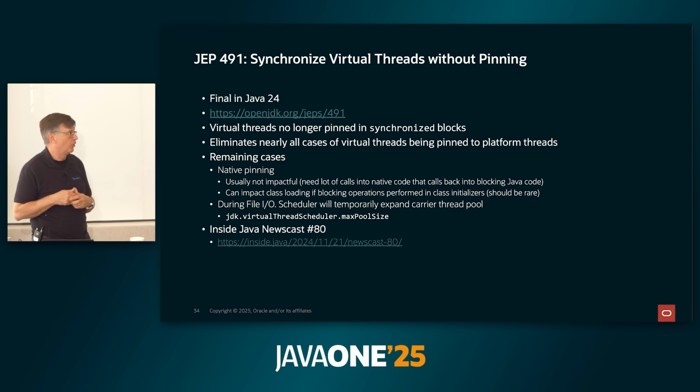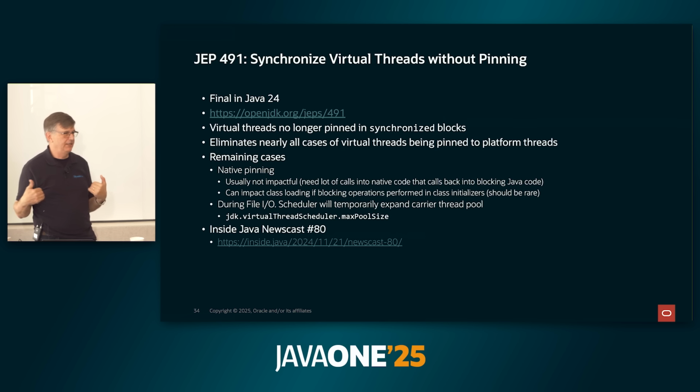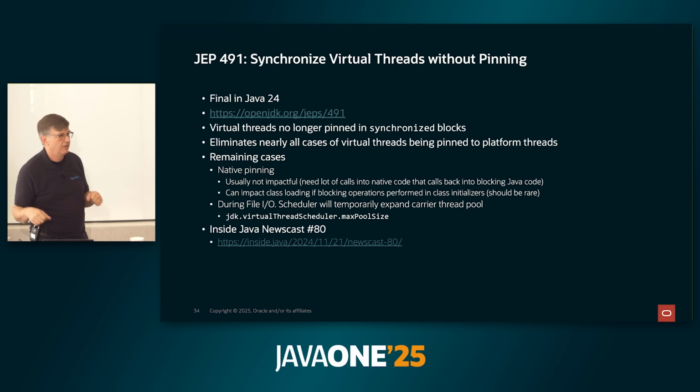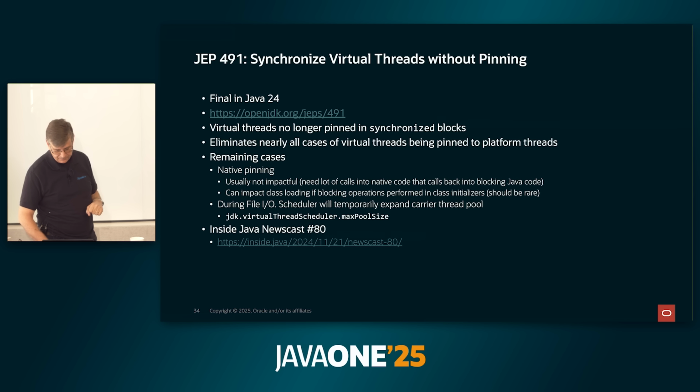That's pretty informative. There are still some cases where pinning can occur, but they tend to be fairly rare edge cases. And in fact, all the pinning issues that we ever saw during our development of Helidon 4 are, I think, completely addressed by JEP 491.